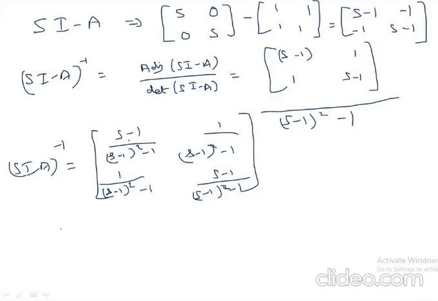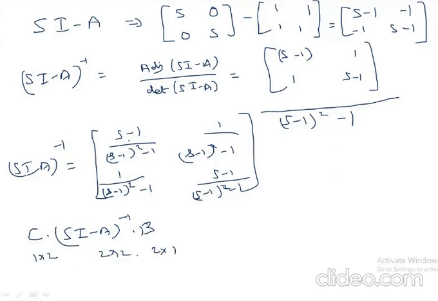Now finally you need to multiply the same matrix (sI minus A) whole inverse with B. So what is the B matrix? Here A is of 2 by 2 order. B is a column matrix which is 2 by 1, and this matrix is 1 by 2.